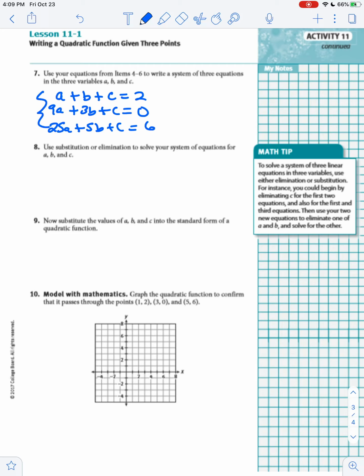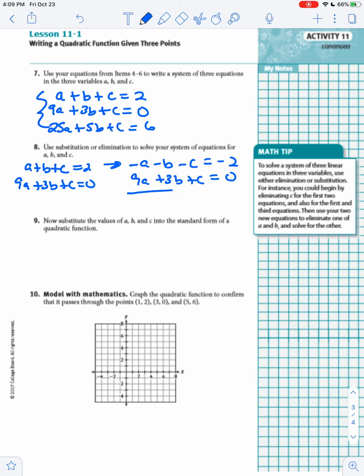So what I would like to do is eliminate the c, and I can eliminate the c by taking the first equation, multiplying it by a negative, and then adding it to the second equation. So if I take the first 2 equations, a plus b plus c equals 2, and 9a plus 3b plus c equals 0, and I change the first one by multiplying by a negative, now I have negative a minus b minus c equals negative 2.